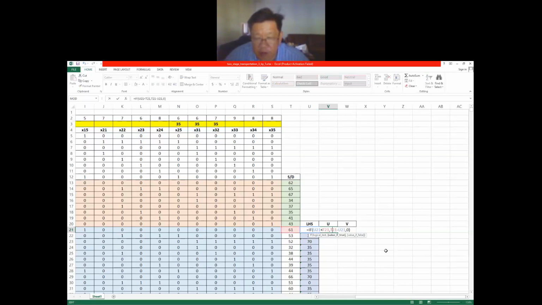If u21 less than, oh no, oh, this is a mistake, sorry. We just check that this is the left hand side, actually it says S/D is the right hand side.